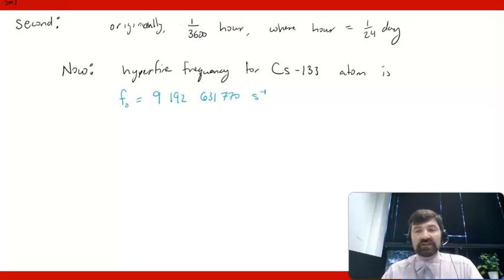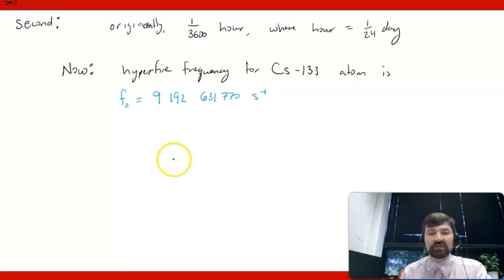Now we can define the second in terms of the hyperfine frequency of a cesium-133 atom. So this frequency sort of defines the second. This is how many periods of this hyperfine transition would occur in each second.